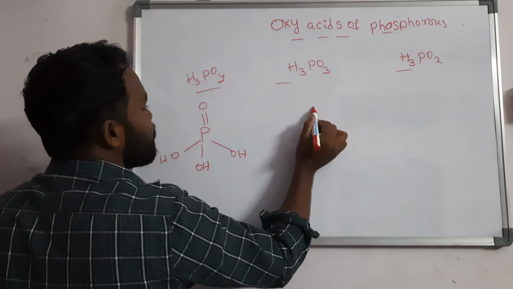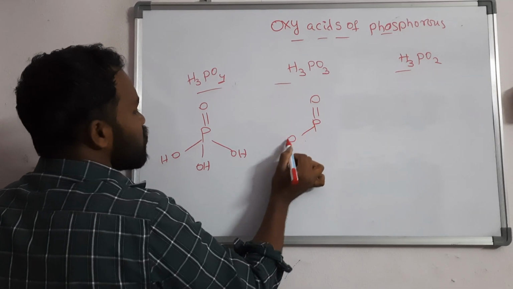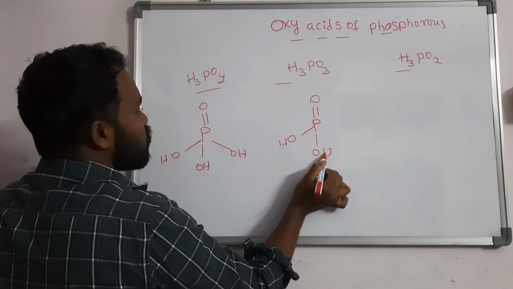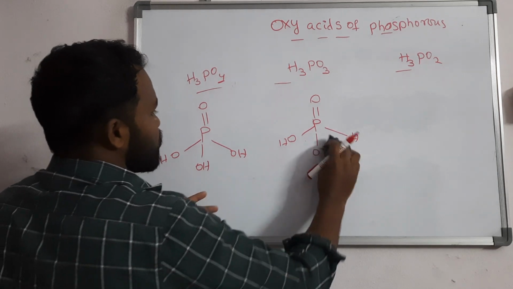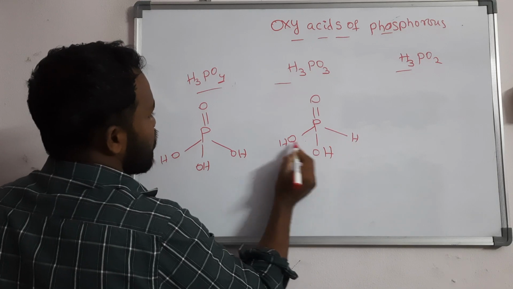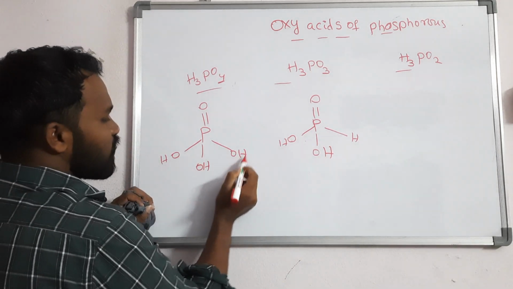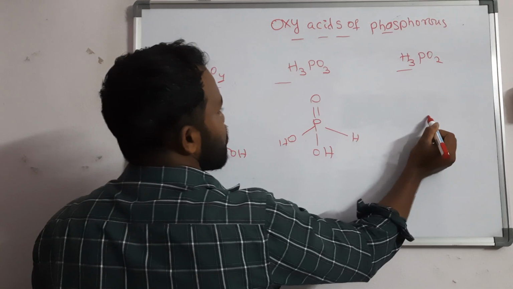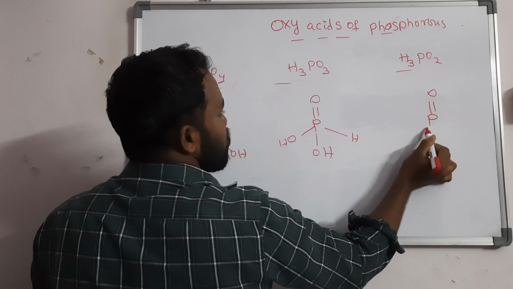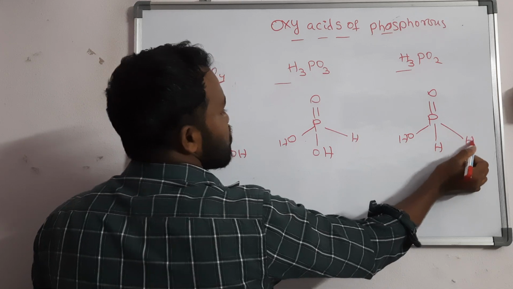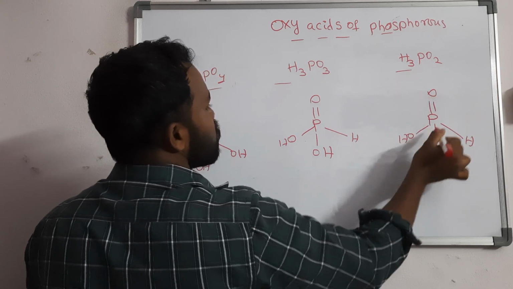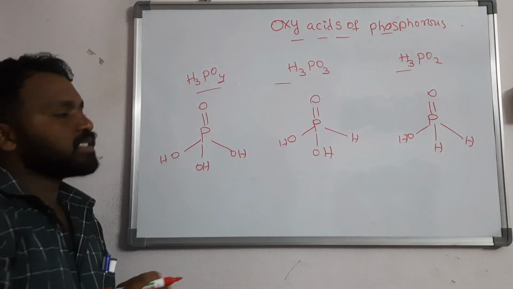That is H3PO4. For H3PO3, P double bond O, OH, OH, and only one H, in place of OH just write H. Another case is P double bond O, OH, H and H. This is H3PO2, 2 oxygens, 1 phosphorus, right?